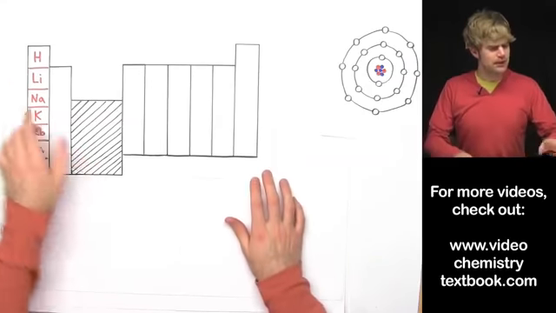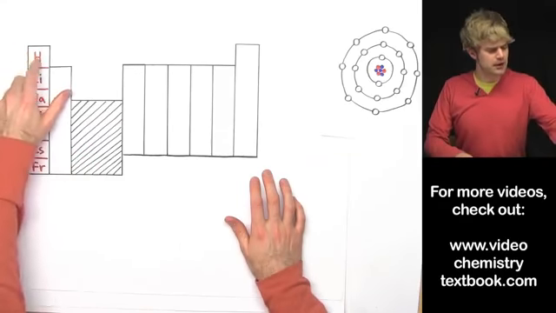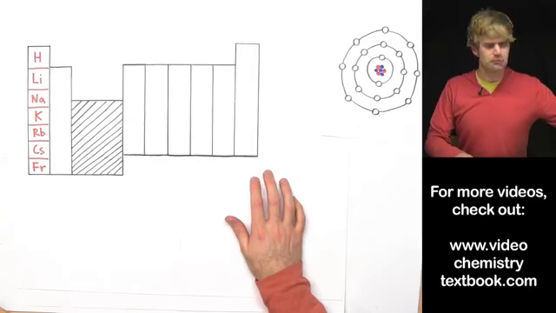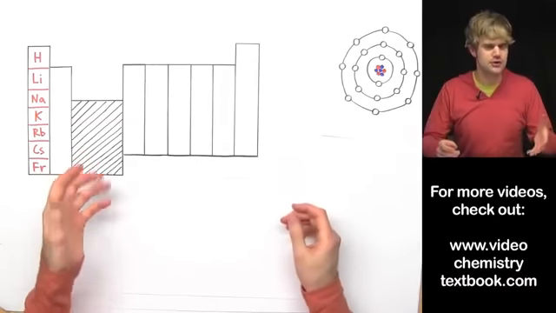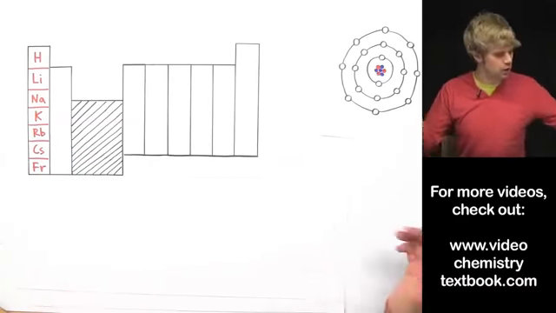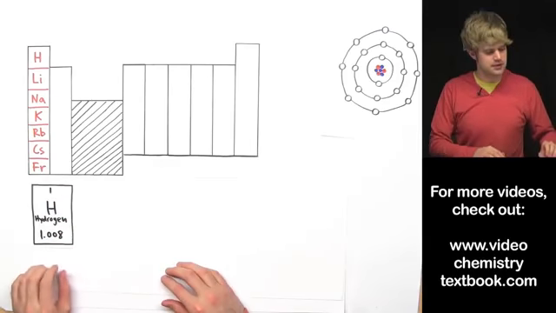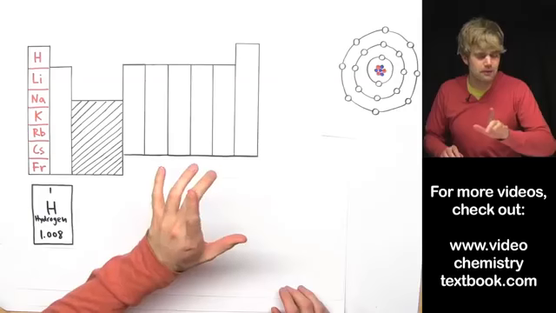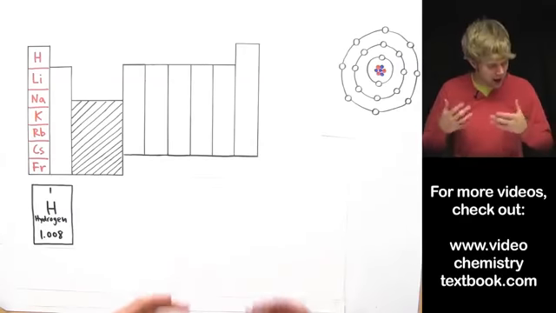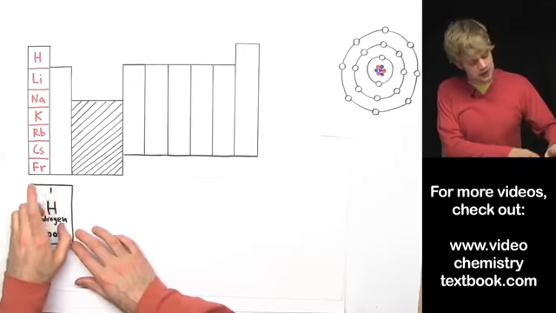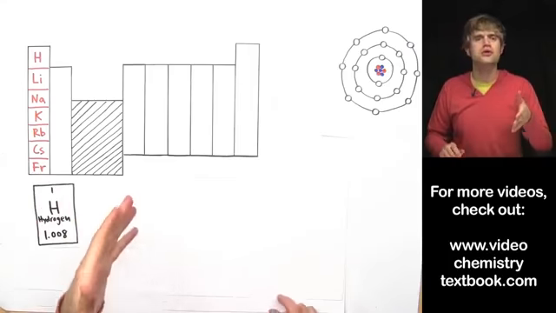Okay, so let's take the first element right here, hydrogen. Now, how many electrons are there in hydrogen? Okay, well, what we've got to do is look it up on the periodic table, and we're going to find something like this. Now, the periodic table doesn't actually tell us how many electrons are in hydrogen. It's got this 1 here, but that refers to the number of protons.